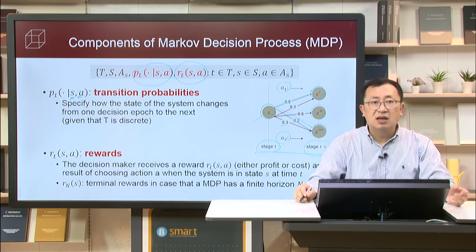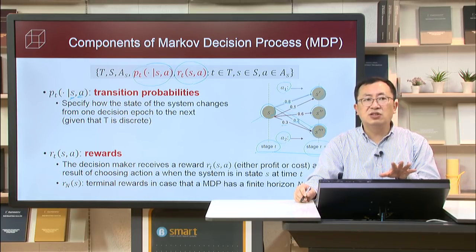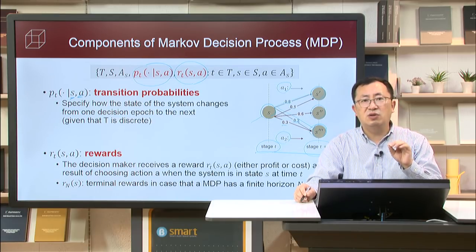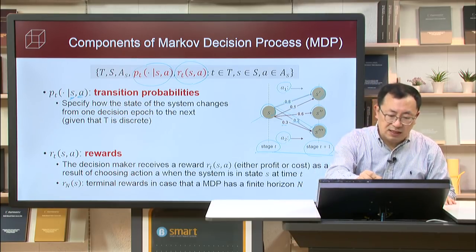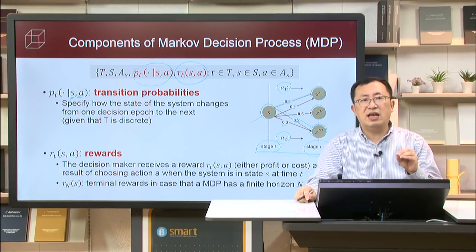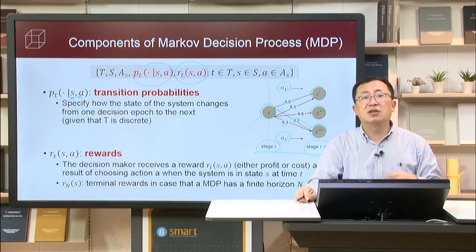As you see, the reward is a function of the current state S and A, which is the action the decision maker chooses at the decision epoch T. So as a result of choosing a certain action A when the system is in state S at time or stage T, the decision maker receives some kind of reward, which can be either positive or negative.